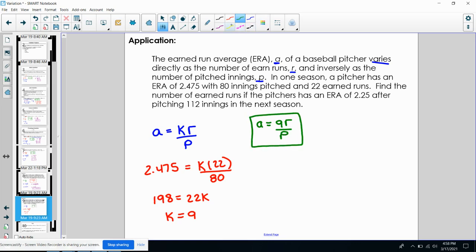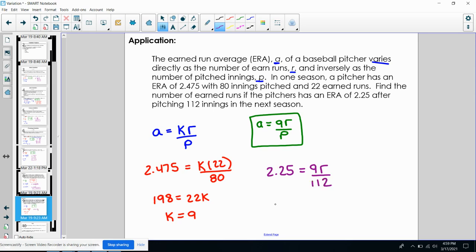Okay, so now we'll solve what they want us to solve for. So find the number of earned runs. So we're trying to find R. If the pitcher has an ERA of 2.25, so 2.25 is A, equals the 9. We're trying to find the R, so we'll leave R as R, and they're pitching 112 innings, so 112.